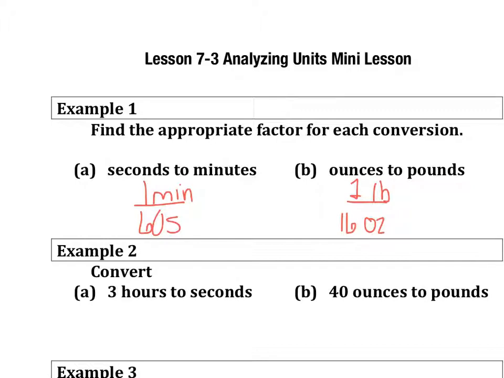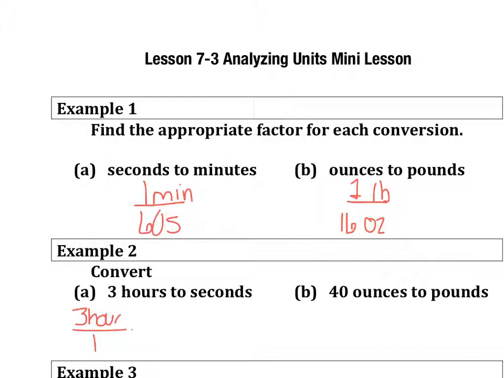Okay, next, in example 2, I'm actually going to convert 3 hours into seconds. So I'm first going to multiply 3 hours, and you can always just put it over 1 to make it into a fraction.